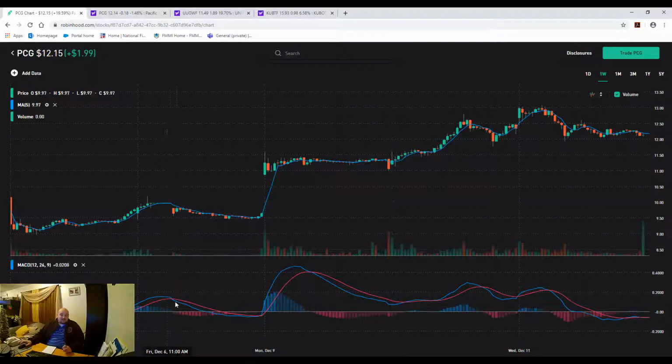Again, I would not do that on a day trade situation because most of our accounts will not be friendly for that. Robinhood charges extra fees for day trading, but if you're doing it on a week-long basis, then maybe you would buy right here and then sell right here, and the price was $9.37 and then $12.77.